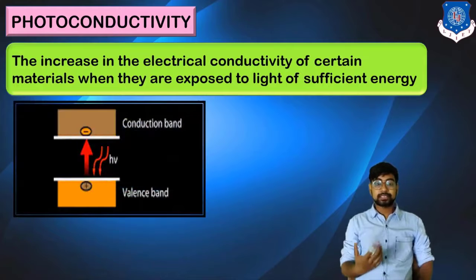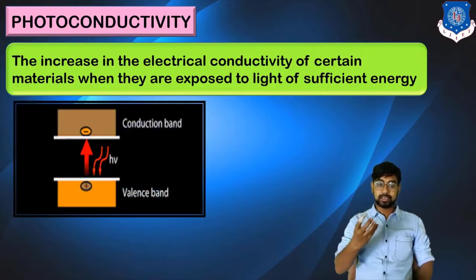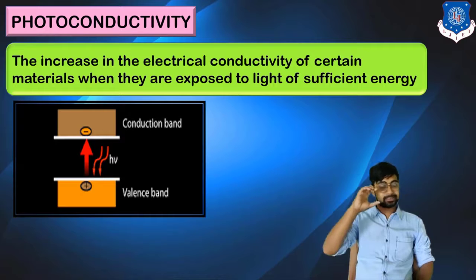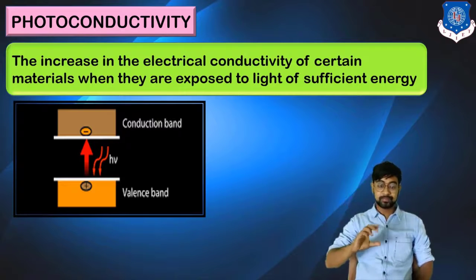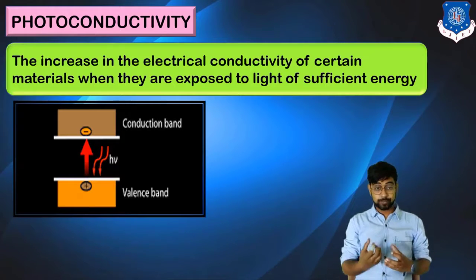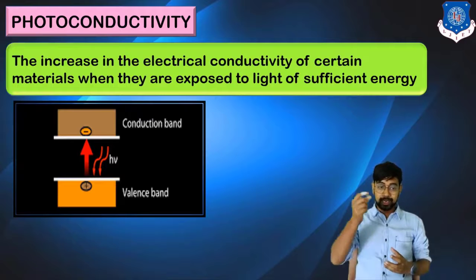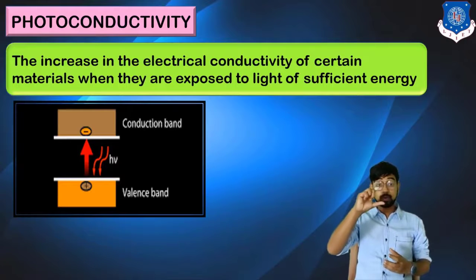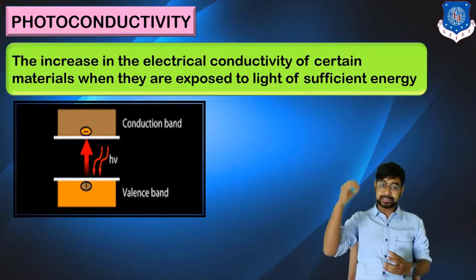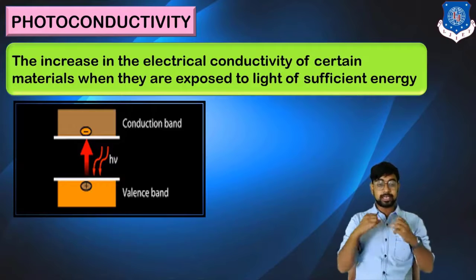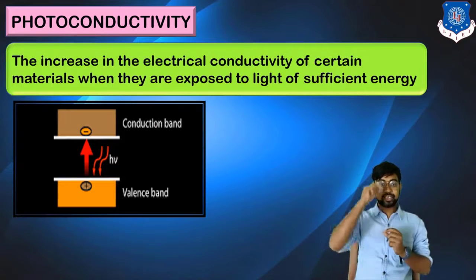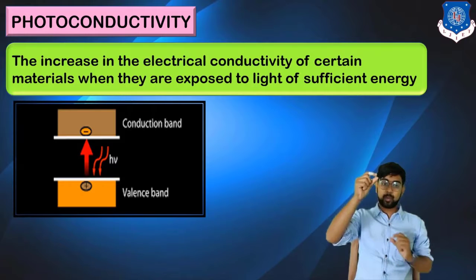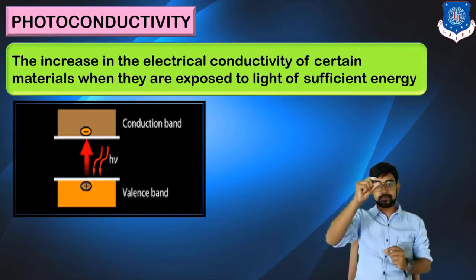You can see what happens here when two bands are there, the conduction band and the valence band. In the valence band, you have the electron hole pair. When light with energy equivalent to the band gap energy is incident on it, the electron hole pair will break, and the electron will go up to the conduction band and the hole will stay in the valence band. Hence you are getting this electron.